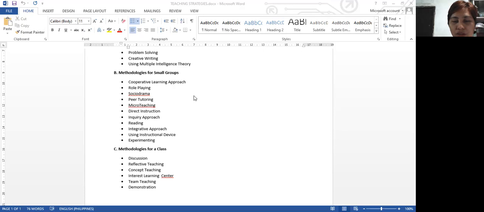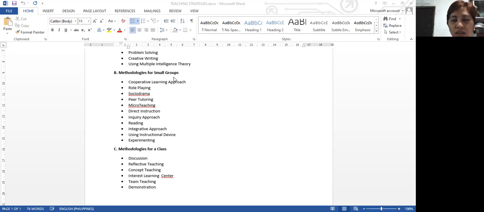But if we are just going to point out which among these are usually applied in technology and livelihood, it can be the cooperative learning approach, direct instruction, inquiry approach, micro-teaching. Actually, all of these are usually used.